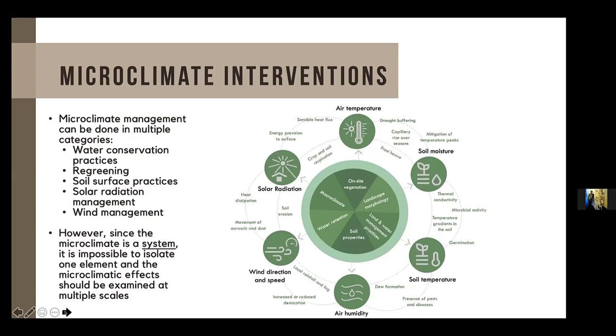It consists of practices specifically for agriculture, but also tools that can improve the local microclimate in general and not just for agriculture. Agriculture really is the main focus, but a lot of the lessons can be applied to other contexts, such as the urban context, where we see things like the urban heat island effect. But let's stick with agriculture because that's where most of us are working.